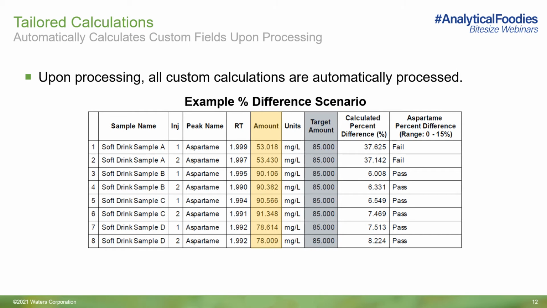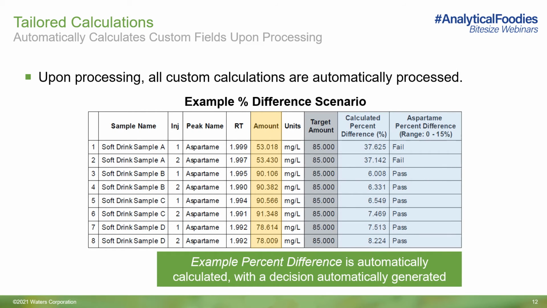Next, we can see that the percent difference is automatically calculated. Since the maximum acceptable specifications for aspartame is 15%, soft drink sample A is determined to have failed, while the rest of the soft drink samples is determined to have passed.